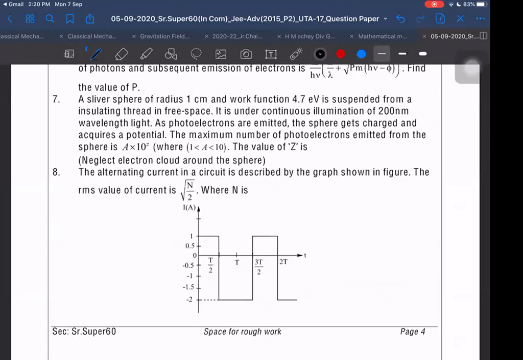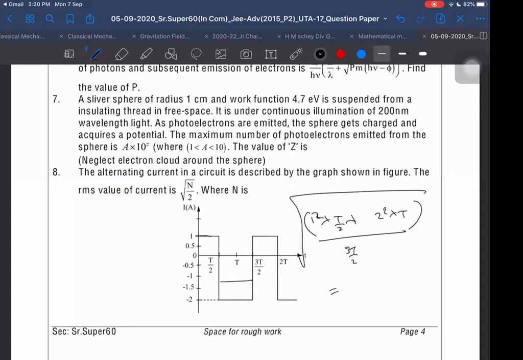The RMS value of the current is: RMS value is 1 square into time T by 2 plus 2 square into T by 2, 2 by T by 2 is T, plus again the same repeats, I think. So this upon total time 3T by 2, under the root.